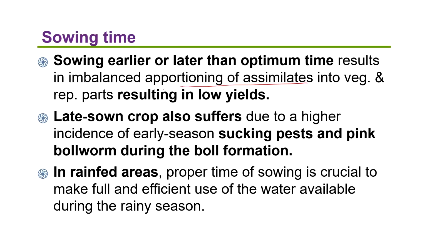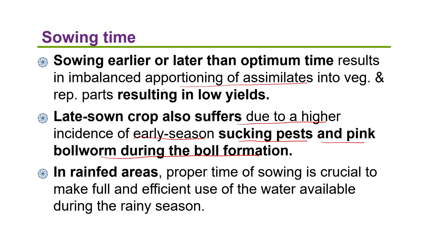So late sown crop also suffers due to a higher incidence of early season sucking pest and pink bollworm during the ball formation. Means if you are doing sowing of the crop late, then you can have more invasion or infestation of the bollworm in the cotton crop and damage to the crop can be increased.